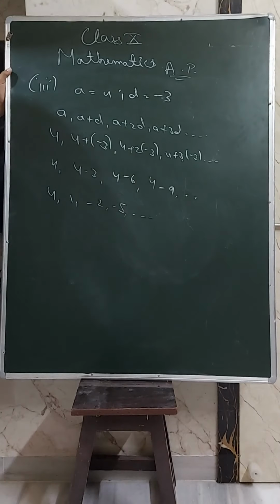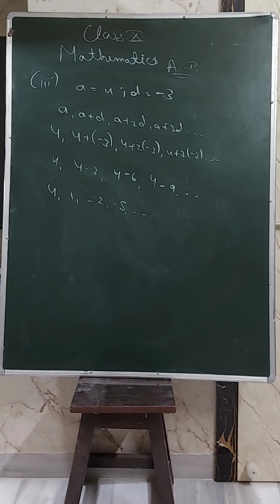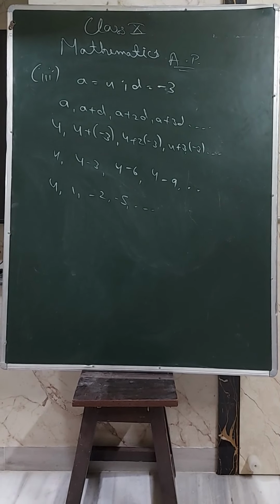So this is your AP. These are the 4 terms. Now the fourth and fifth parts are your homework.